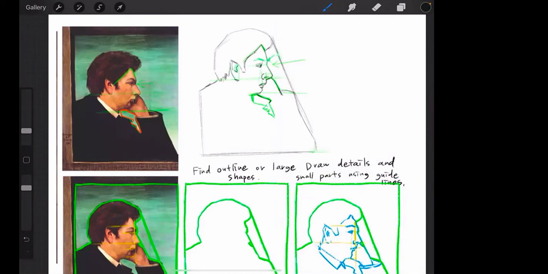This is a self-portrait of the artist Giorgio de Chirico. And since you define the silhouette, you can easily add detail.